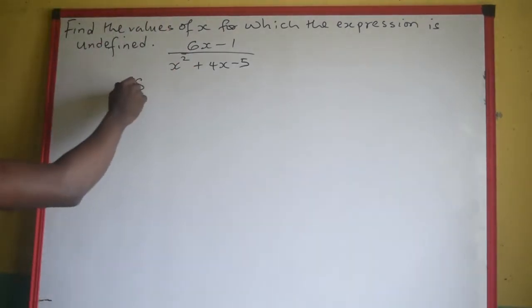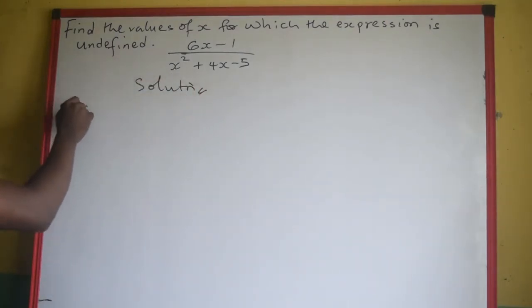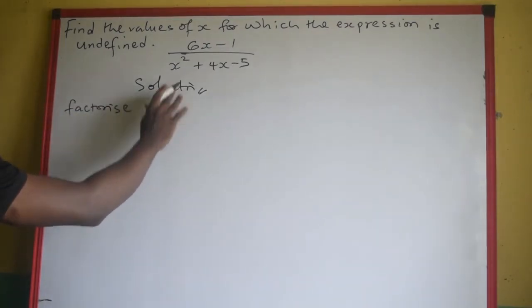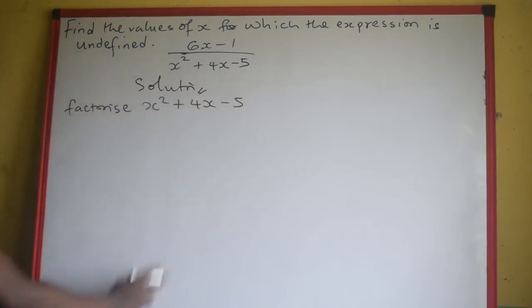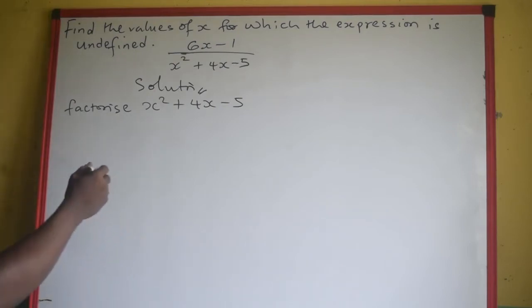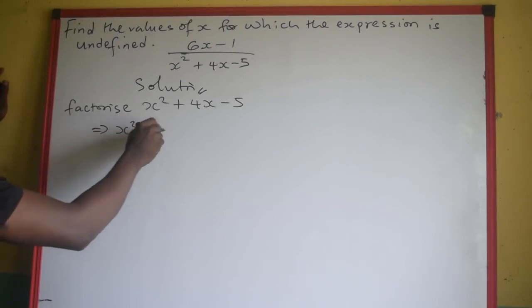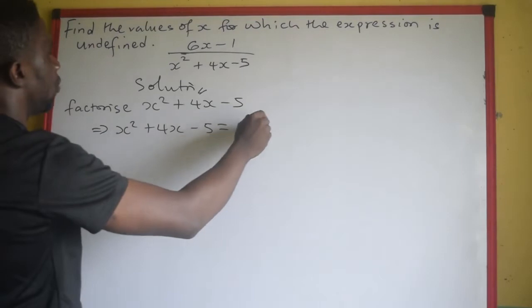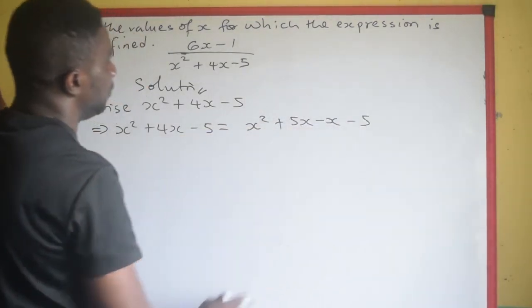Now, we just have to write the solution. After writing this, we say factorize this denominator, which is x squared plus 4x minus 5. So when we factorize this, it implies that x squared plus 4x minus 5 is equal to x squared plus 5x minus x minus 5.